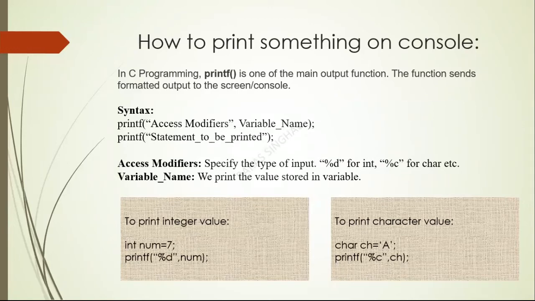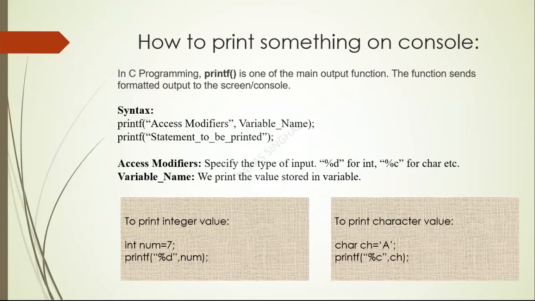Access modifier, as I have told you, it specifies the type, that is %d for int and %c for char, etc. Variable name, we print the value stored in the variable. Variable name is nothing but just a name of a memory location, or you can say the variable name just points to that memory location where the value is originally stored.